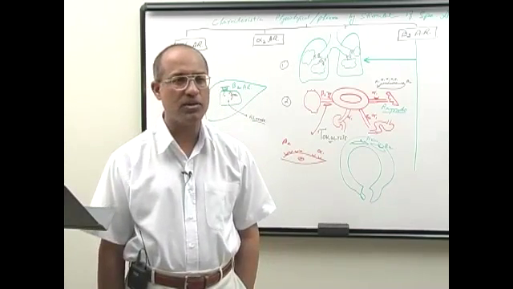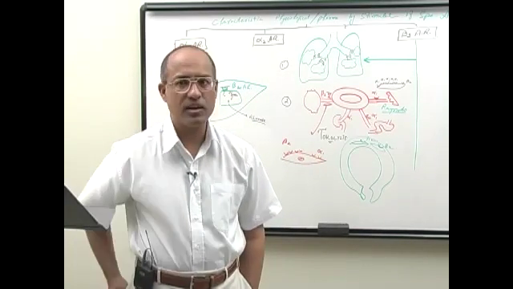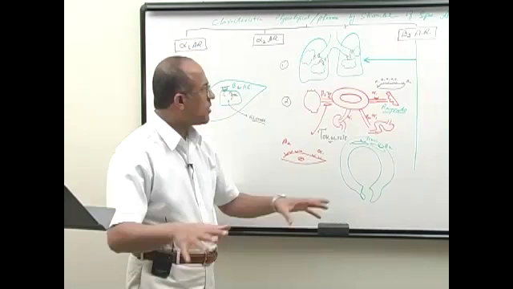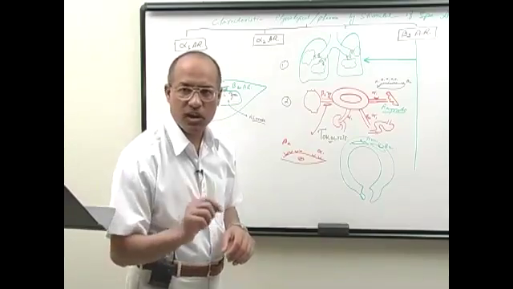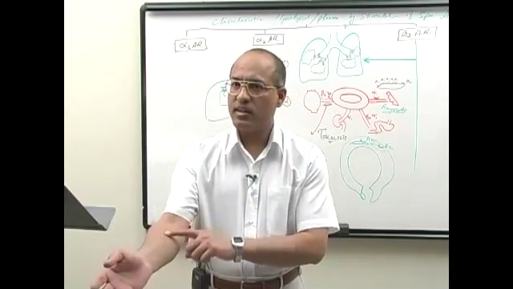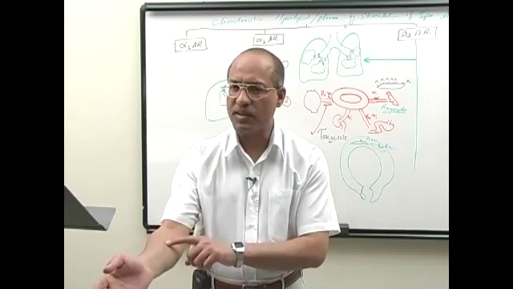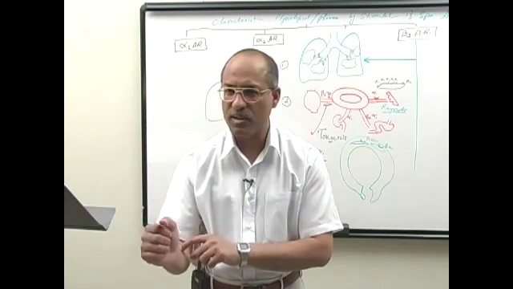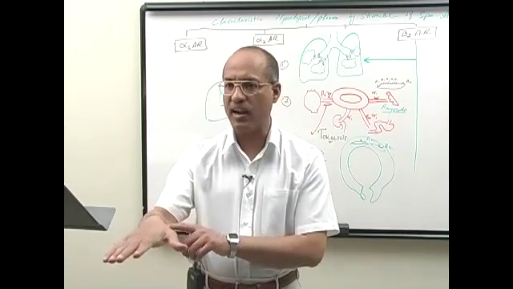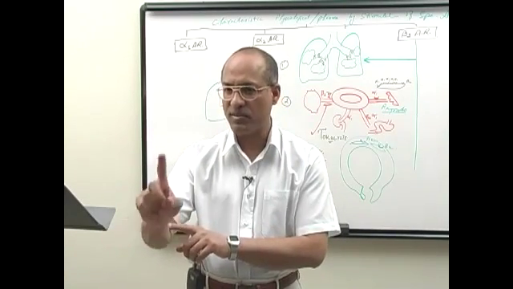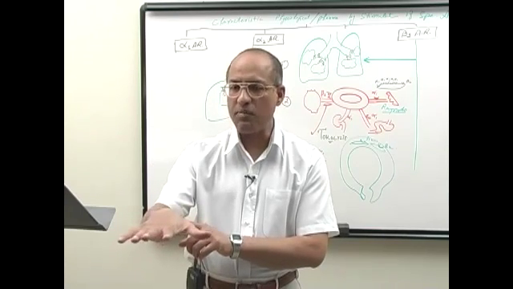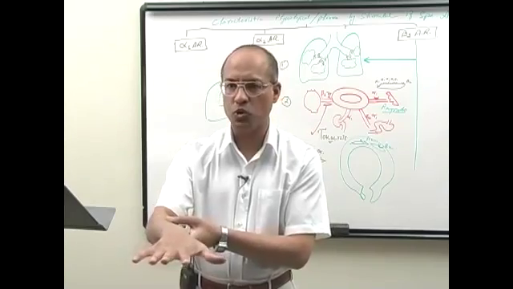Then one more thing about beta 2. We should talk about tremors. I told you in the last video lectures that there are intrafusal muscle fibers which have beta 2 receptors, and when they are functioning well, they help the muscles keep their tone properly.